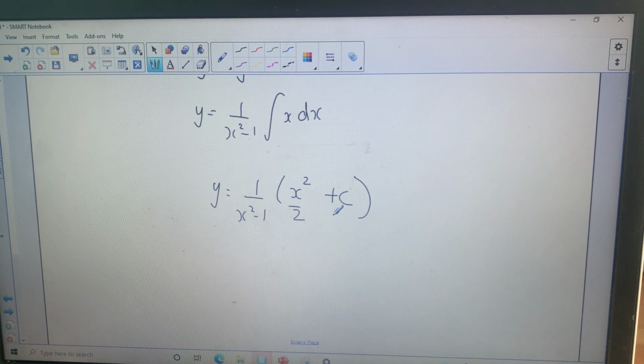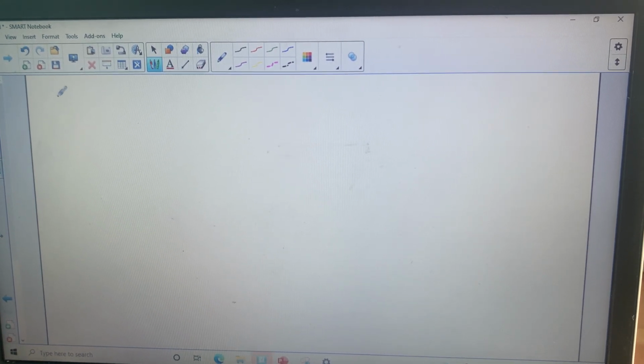Right, I'll show you what we're looking at today. We are looking at homogeneous second order differential equations with constant coefficients.